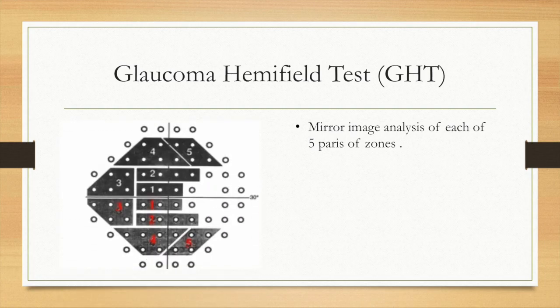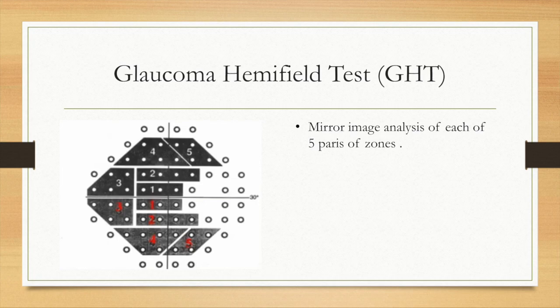Now the glaucoma hemifield test, it is very important to evaluate. This is an index. It is a mirror image analysis of each of 5 pairs of zones. These zones, as you can see, are zones 1 and 2 and 3, 4, 5.